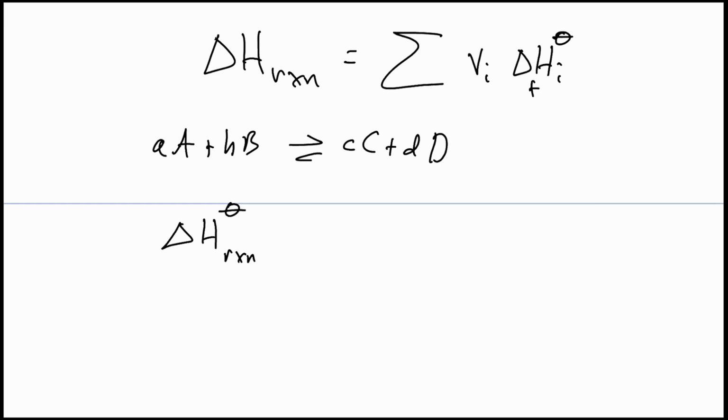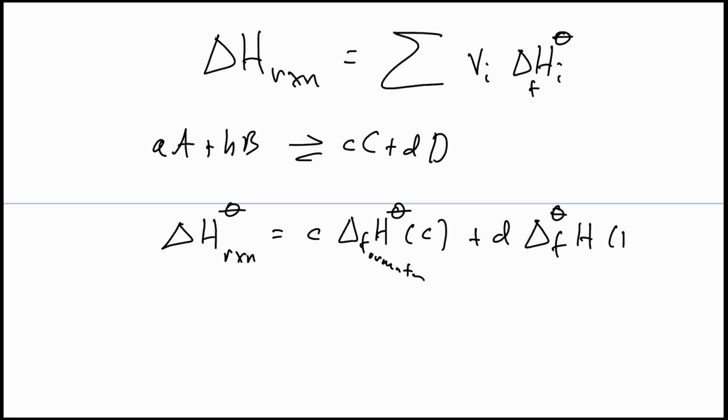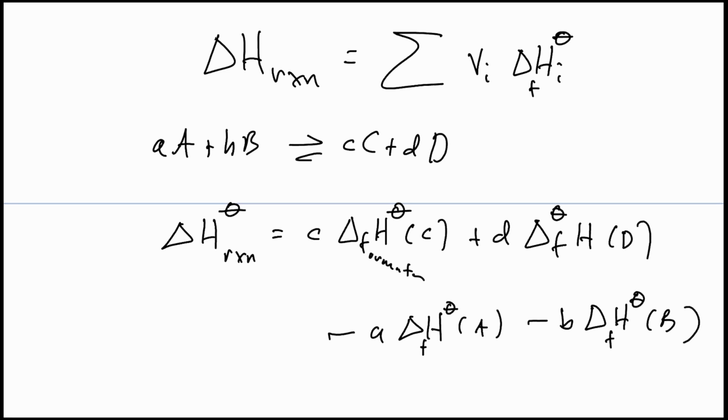So I don't know why, but anyway, this would be c times delta H of formation of C plus d times delta H of formation of D, or this is formation, right? Okay, does that ring a bell?